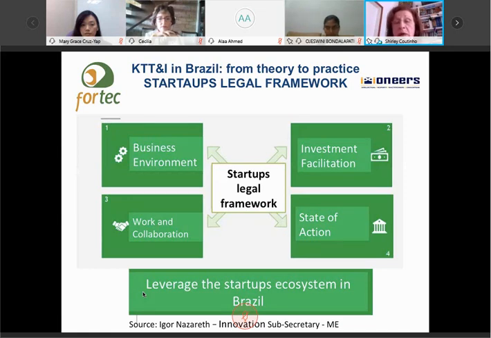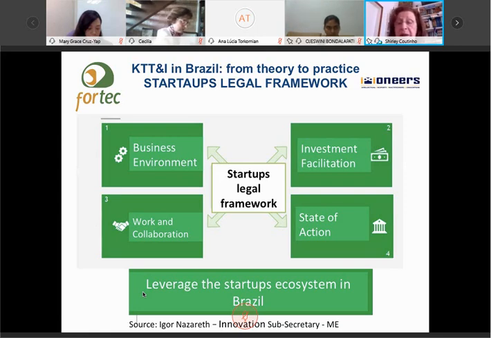But it's okay, because the entrepreneur will start a new venture, and that's the way the virtuous cycle for innovation happens. Recently, the government and we are working on a new legal framework to support this new business, to improve the business environment, public-private collaboration, and investment facilitation, because in Brazil bureaucracy is terrible for the new entrepreneur.